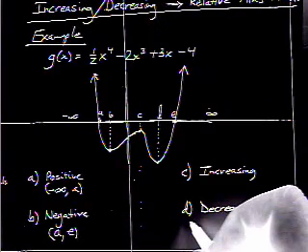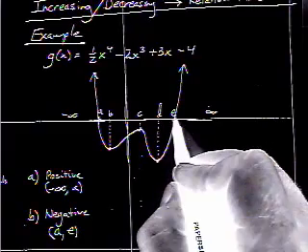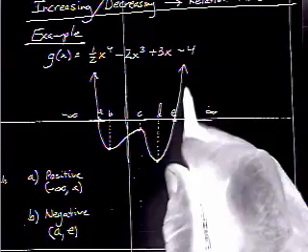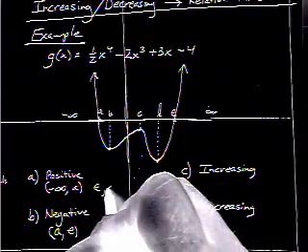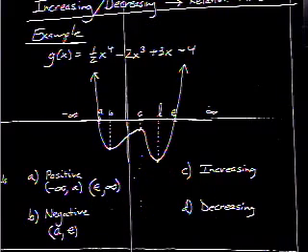So we're negative. But after that, from e to infinity, everything's back to positive. So we have split this up based upon x intervals such that our y values fit these terms, positive and negative. Well, now we need to talk about increasing and decreasing.